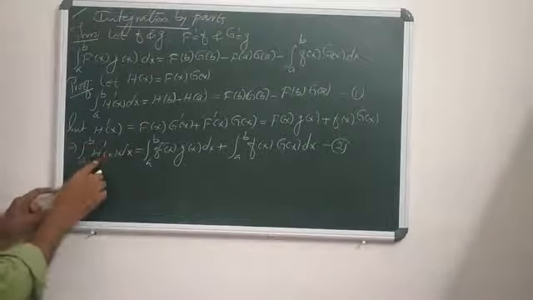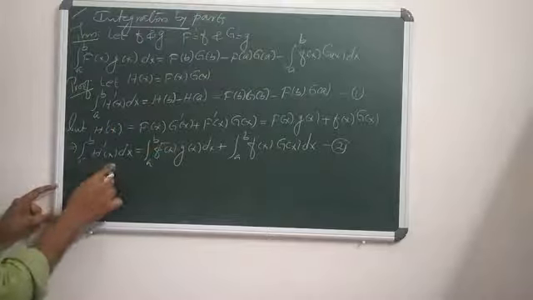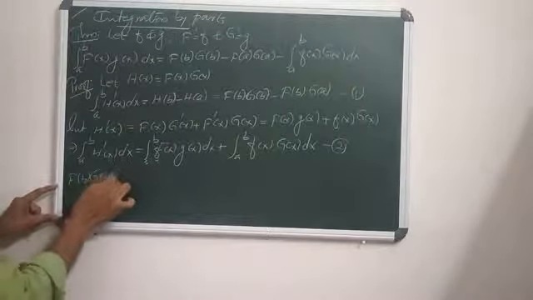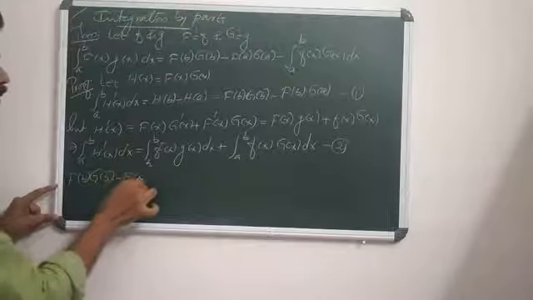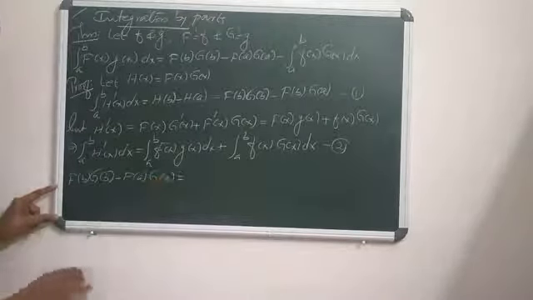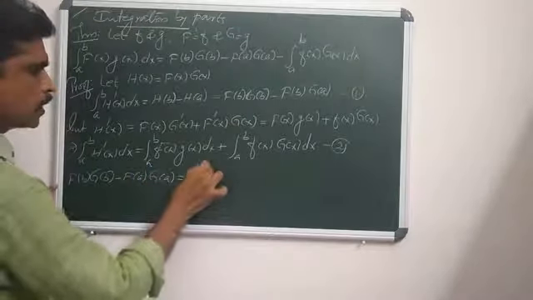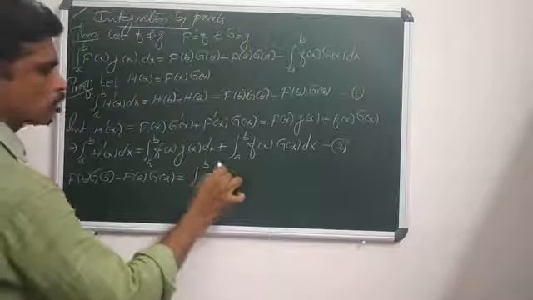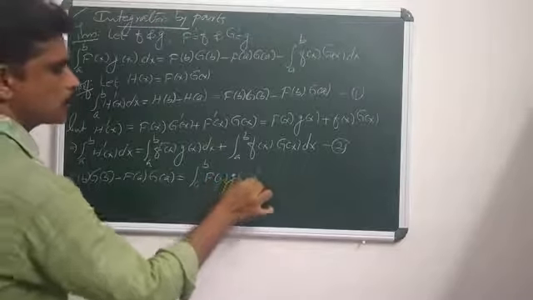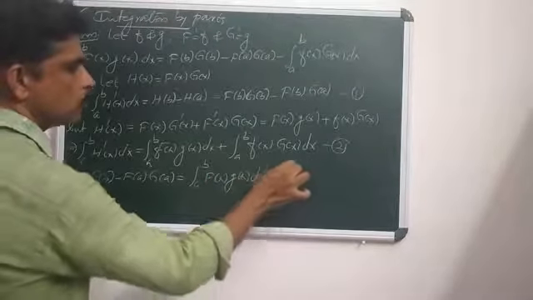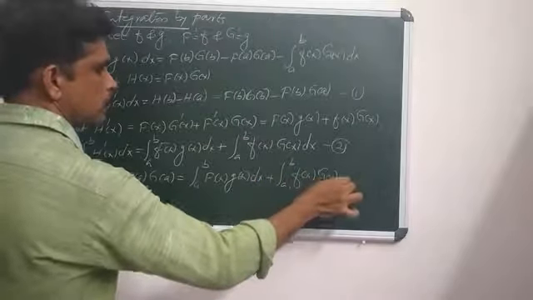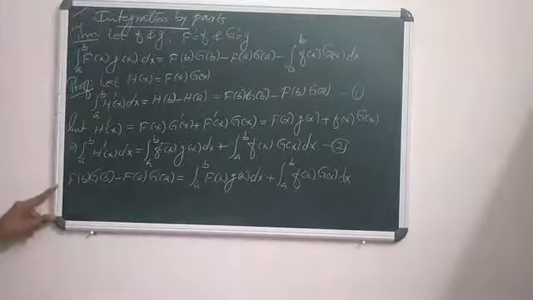From 1, the left side is F of b into G of b minus F of a into G of a equals, come to the right side, the integral from a to b of capital F of x into small g of x dx plus the integral from a to b of small f of x into capital G of x dx. So finished. That's our proof.